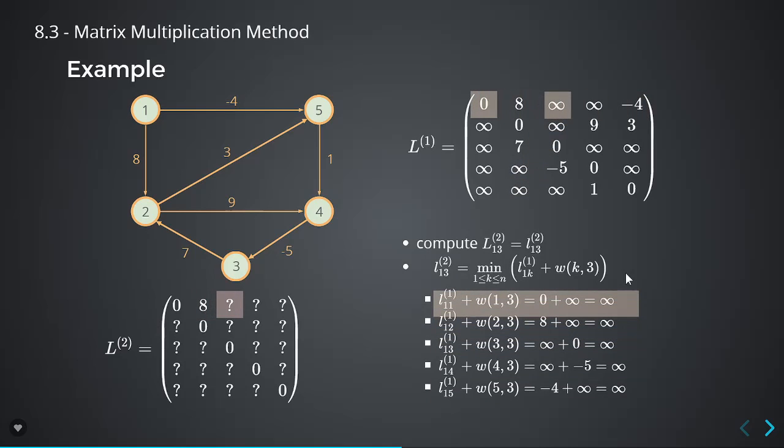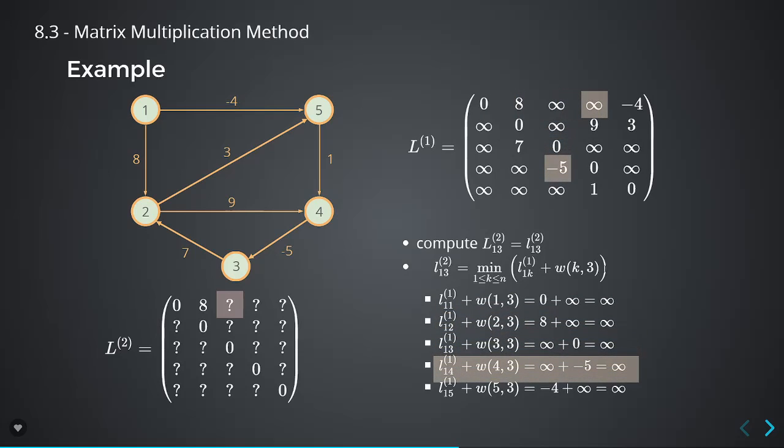Let's try the next one. I want to work out this one here. Now, this is going to be boring. I have 5 lines here, and I'm doing a lot of work here. But if you think about it, we're trying to find the shortest path from 1 to 3. And I'm going to try to go from 1 to 1 and then 1 to 3, 1 to 2 and then 2 to 3.